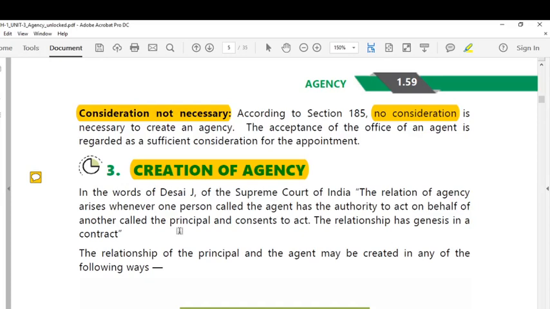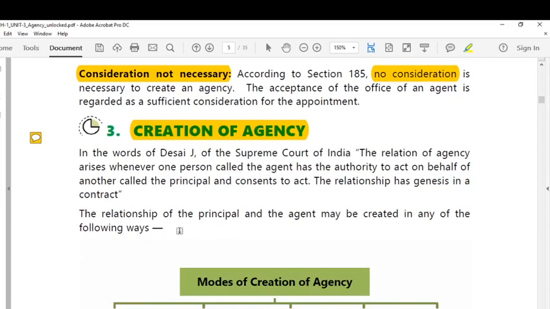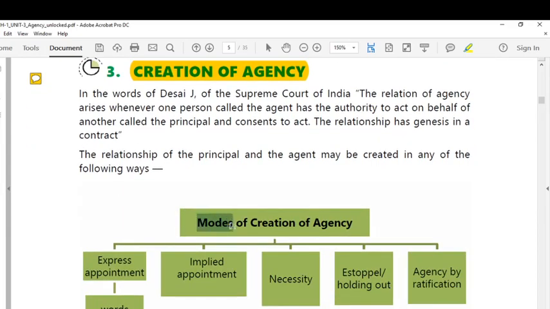The relationship has its genesis in the contract, right? The relationship of the principal and the agent may be created in any of the following ways. So these are the various modes by which the relationship of the principal and the agent can be created.